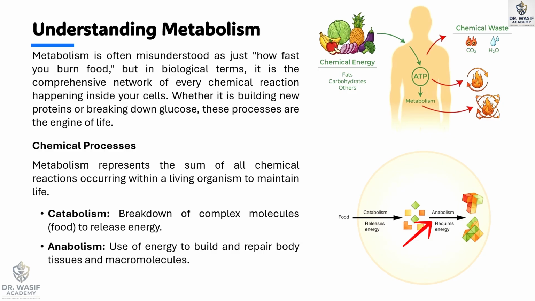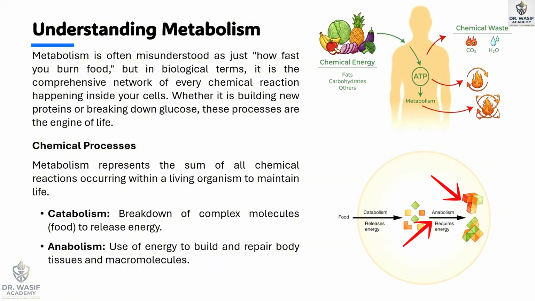Secondly, we have anabolism. If catabolism is the demolition crew, anabolism is the construction team. This is the process that uses the energy released by catabolism to build and repair body tissues and create essential macromolecules. So whether your cells are linking amino acids together to build muscle fibers or constructing new DNA strands for cell division, they are running on anabolic pathways.